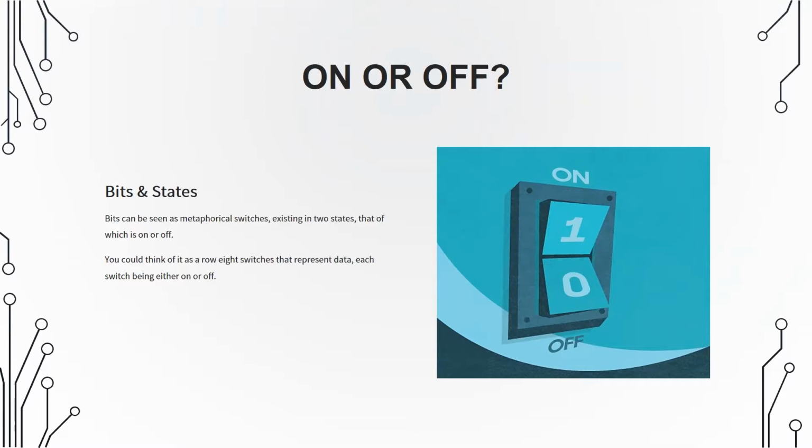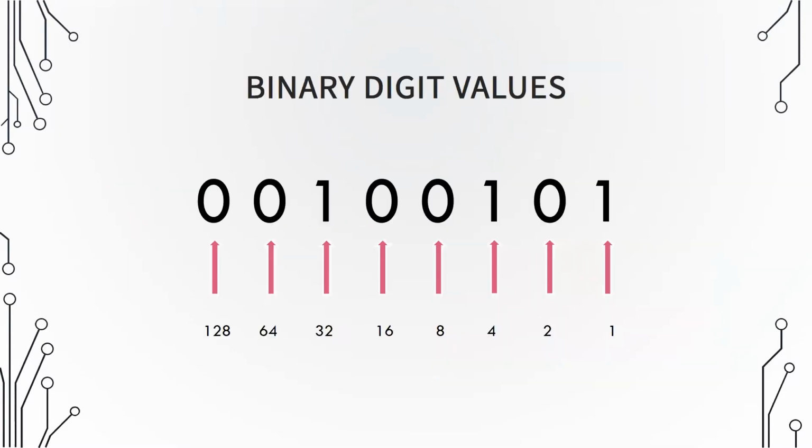So let's take a closer look at this. Here we have a set of 8 switches, most being set to 0 due to the fact that they are off, or negative, and 3 being switched on to a 1, or what we also call a positive. You might be wondering about those numbers that are underneath the arrows.